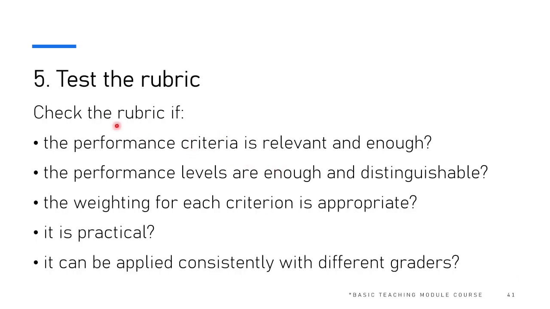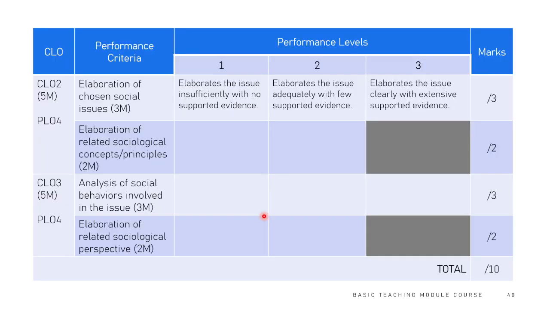And the last one is, once you have completed the rubric, you want to check whether the performance criteria are relevant enough, and whether the performance levels are enough and distinguishable or not. It depends on the situation there. The weighting of each criterion, is it appropriate? Meaning, is it appropriate to give 3 marks for this expectation?